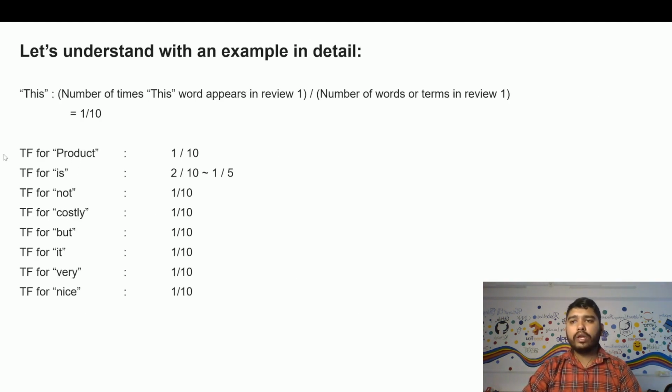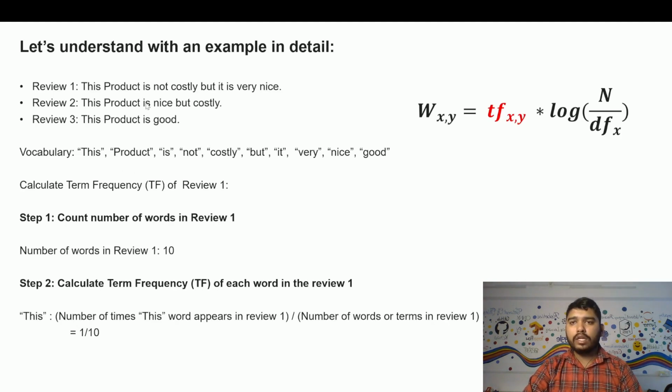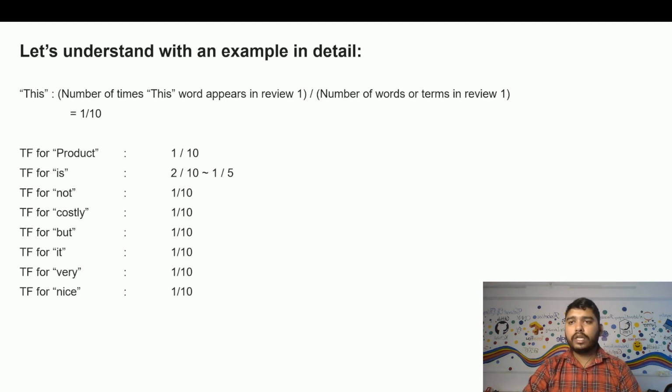Likewise, we can calculate the term frequency of every word. Every word appears only one time in the entire review 1 sentence except the word "is". The word "is" appears 2 times in the sentence. So the calculation is 2 divided by 10, which is 1 by 5, for this word.